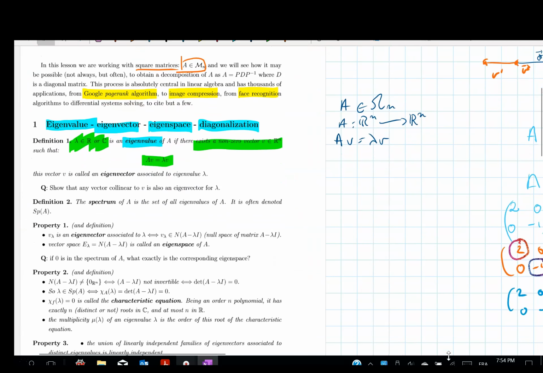All right, so we have met the eigenvalues and their associated eigenvectors, and you have a nice question here. Show that any vector collinear to V is also an eigenvector for the same eigenvalue lambda. Okay, so maybe I can let you think about this for 30 seconds, 1 minute. You just need to write it.